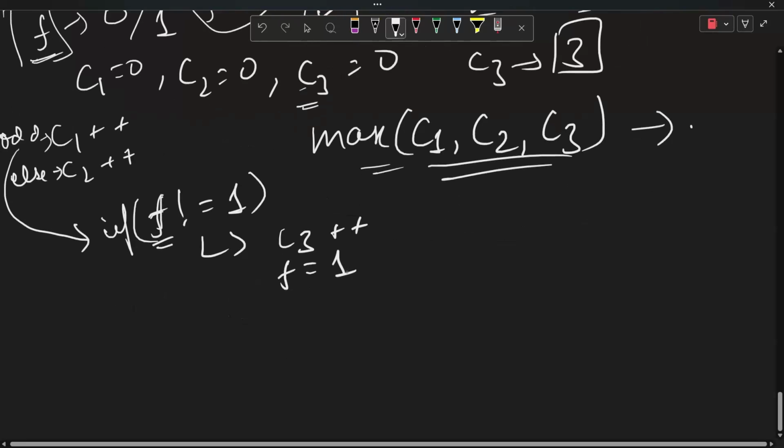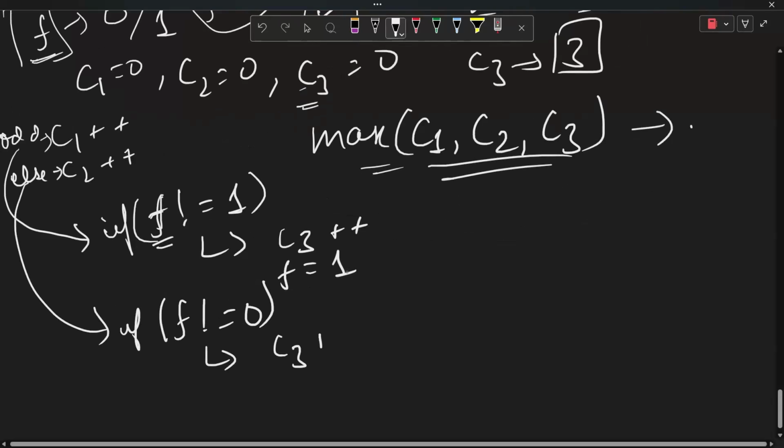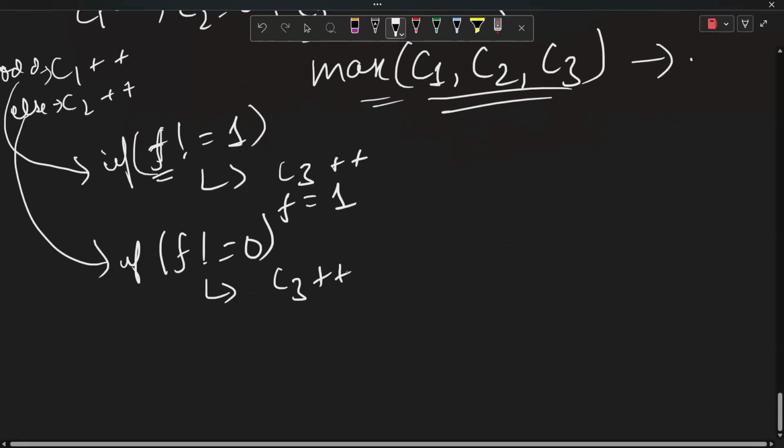And for the case of even, if F is not equal to 0, that means the current value we are on is an even and the last picked value was not an even number, then you can pick it. So you would do C3 plus plus and make F equal to 0. That's what you have to do. This way you can compute all the three, C1, C2 and C3.